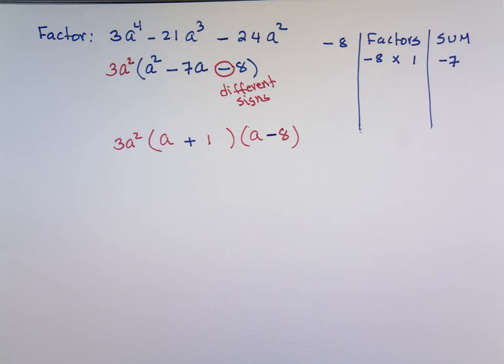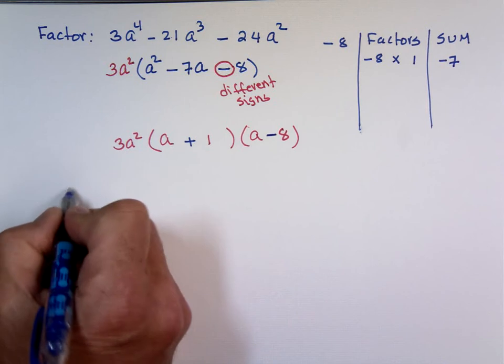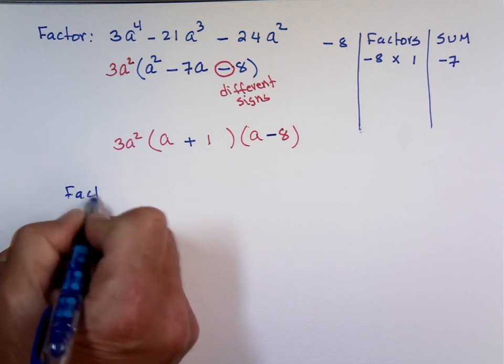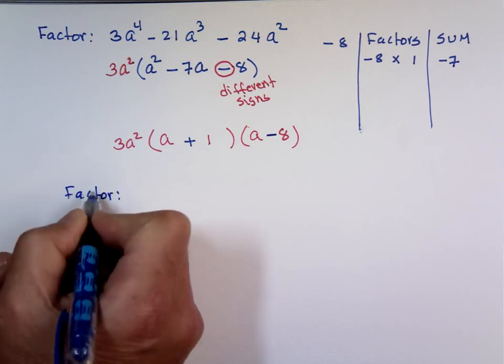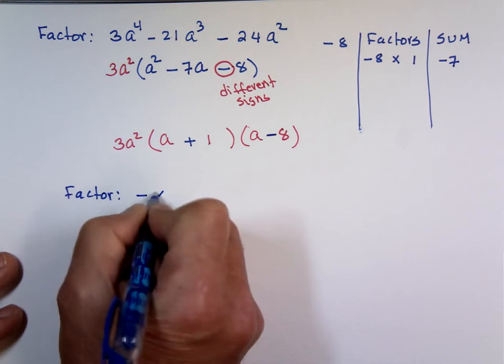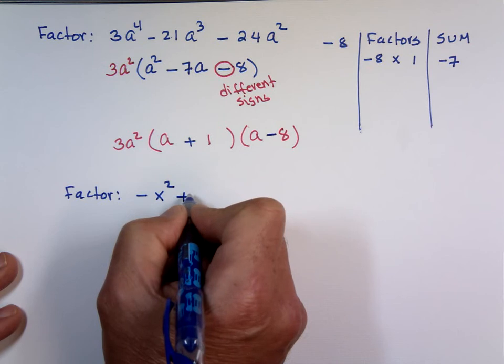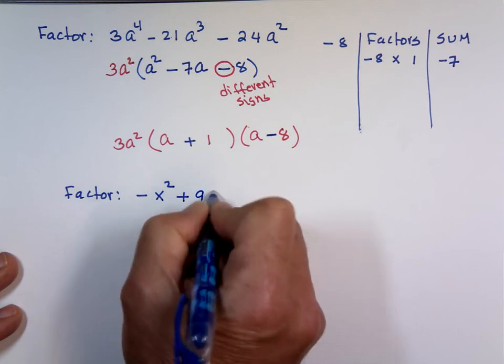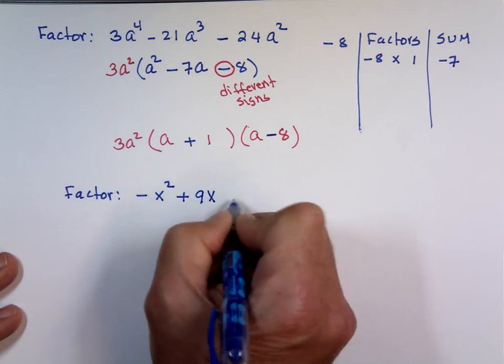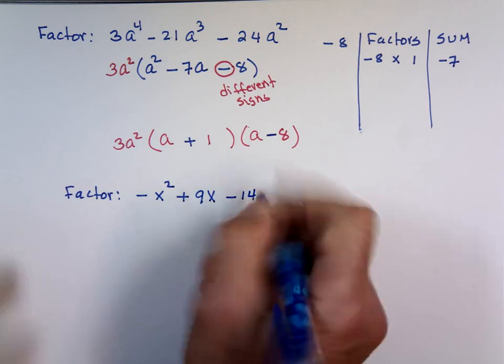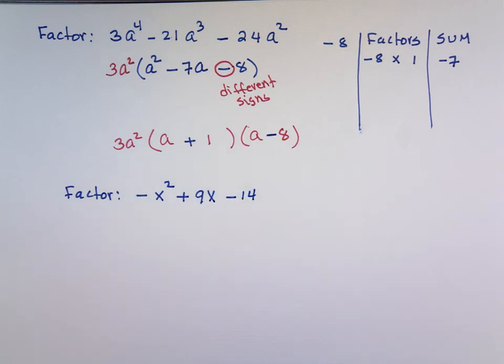One more. Throw another trick at you. Negative x squared plus 9x minus 14. I'm not a fan of negative. So the first thing I will do, if I solve this problem, is factor out a minus 1.